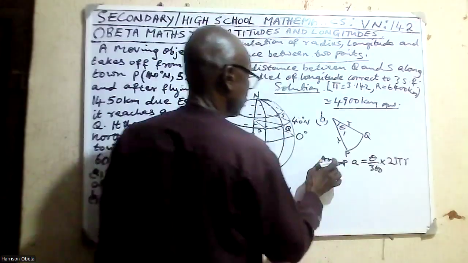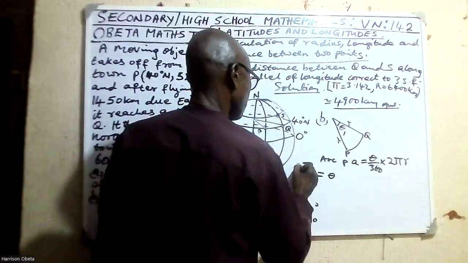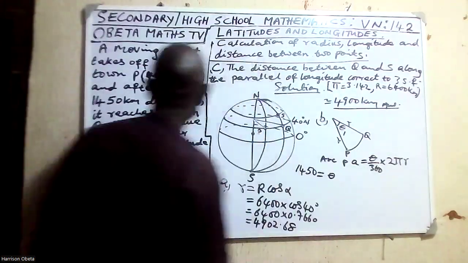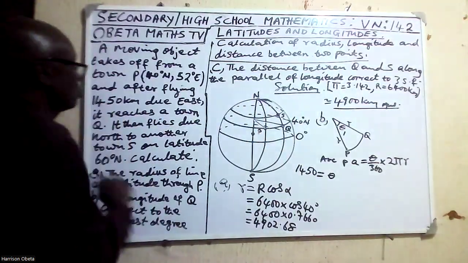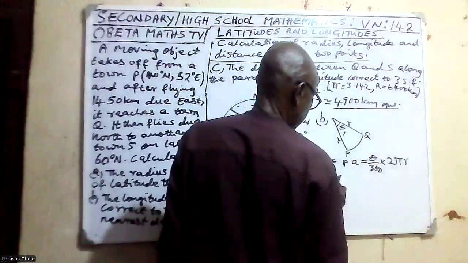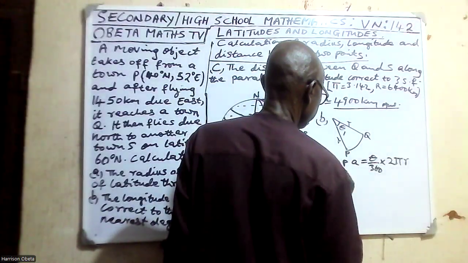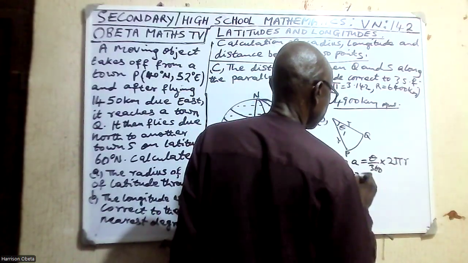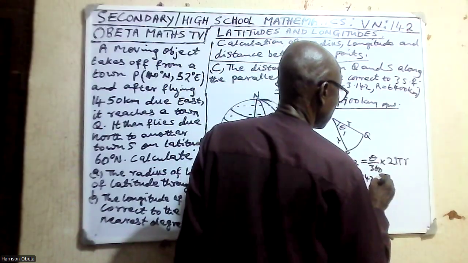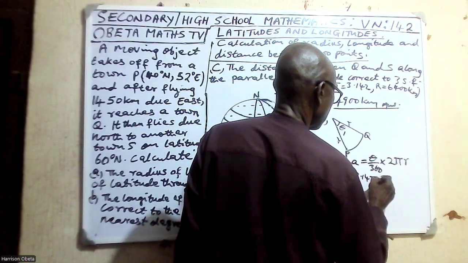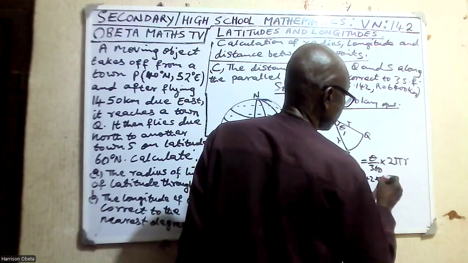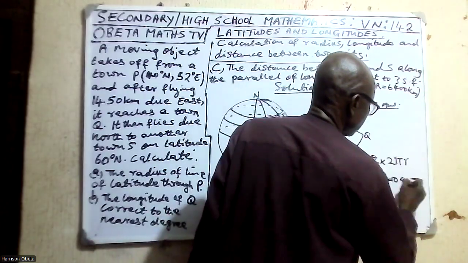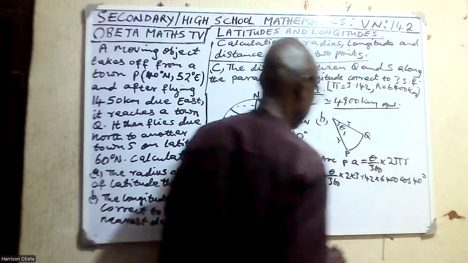Already we know the distance, so it will be 1450, the distance covered between P and Q, equals theta over 360 times 2 times 3.142 multiplied by 6400 cos 40.